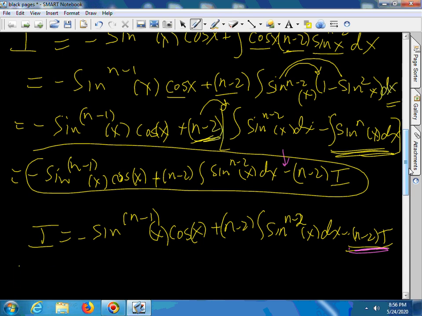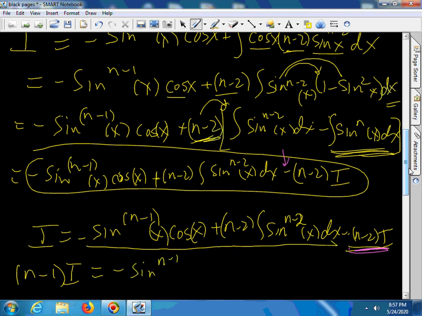Okay, so on the left side, I have n minus 1 I's, and it equals all of that. Negative the sine raised to the n minus 1 of x times cosine of x plus another integral, but also sine to a power. But the power has been reduced.